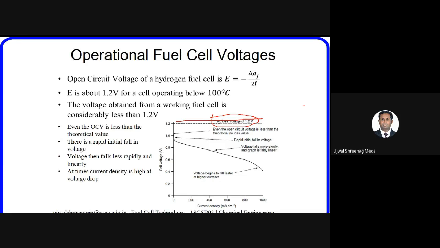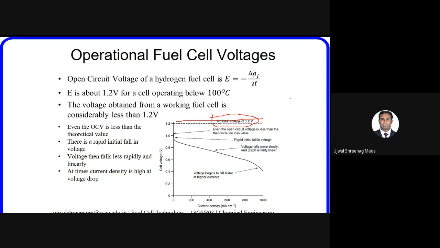So using HHV or LHV at a temperature, you will find out what is the no loss voltage. So that is minus delta G_f by zF. So with that, depending upon the operating temperature, you get a value. So that is the no loss voltage, 1.2 here, for a fuel cell that is operated below 100 degrees centigrade.